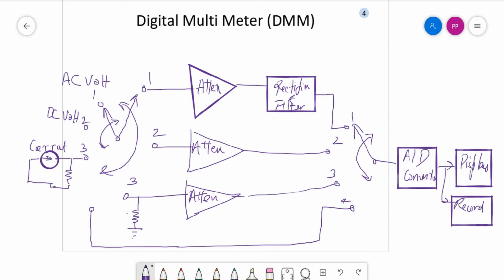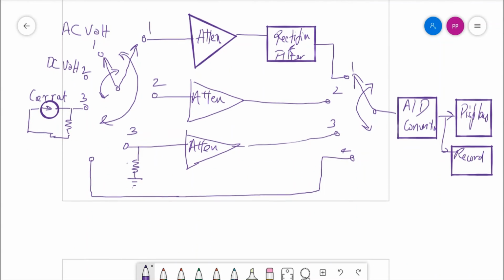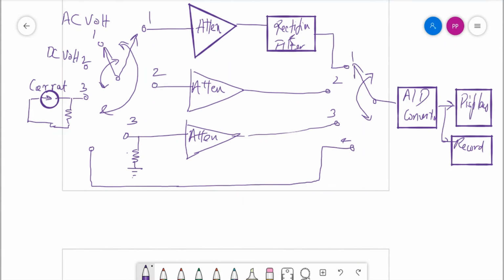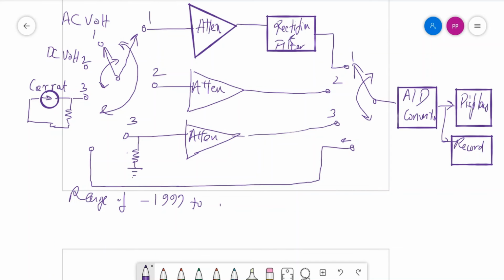So this digital display can generate a 3.5 digit digital output, ranging from minus 1999 to plus 1999, and it is a 3.5 digit display.